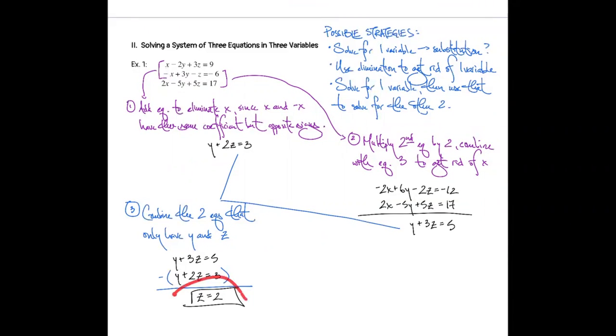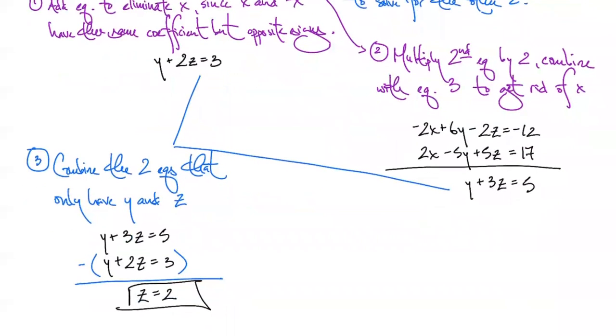Perfect, right? I have z. So now let's go backwards from where we got this from. We could go in here and find what y is, or we could go over here and find what y is, right? So choose your favorite one. Go ahead and plug in our value for z, and let's see what we get for y.